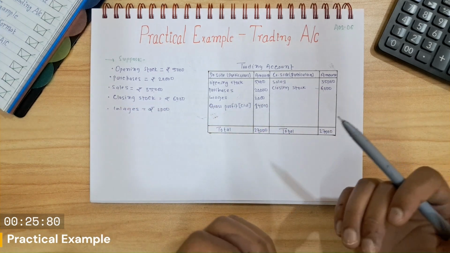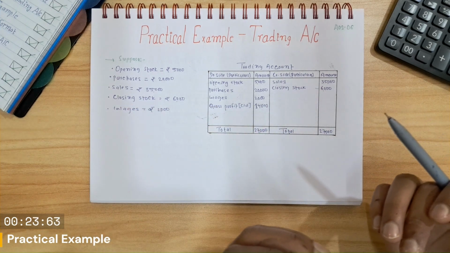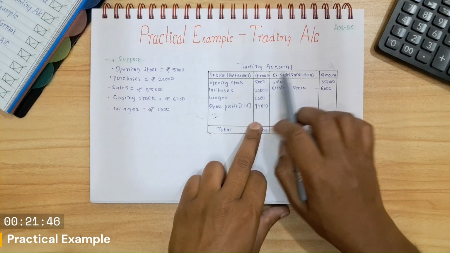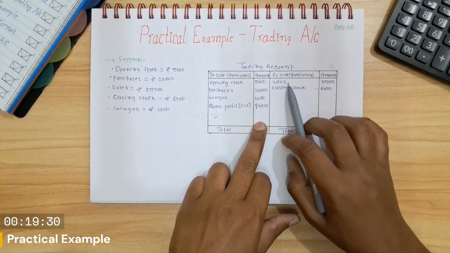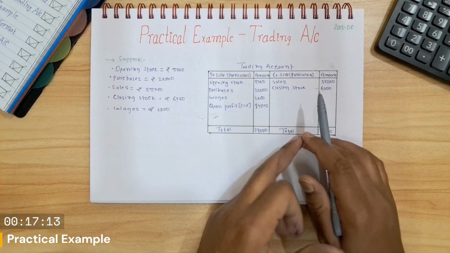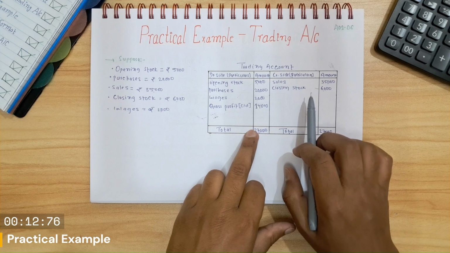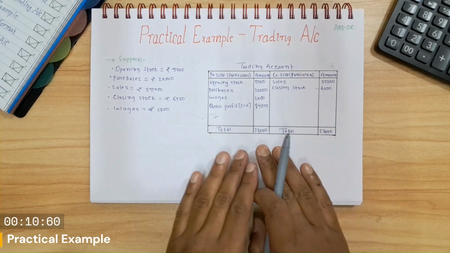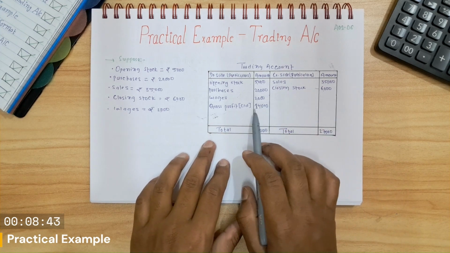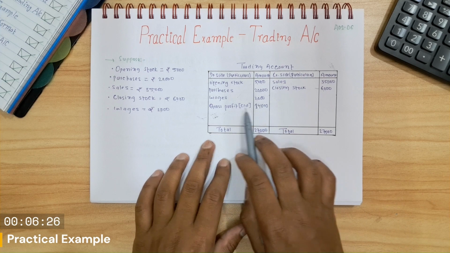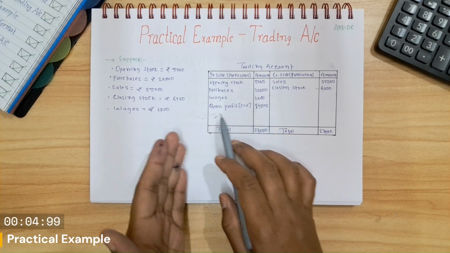Sales is revenue related to the selling of goods, that's why we have included it on the credit side. Lastly, closing stock, the unsold stock left at the end of the year. We have balanced the amount, and this difference is written as gross profit.